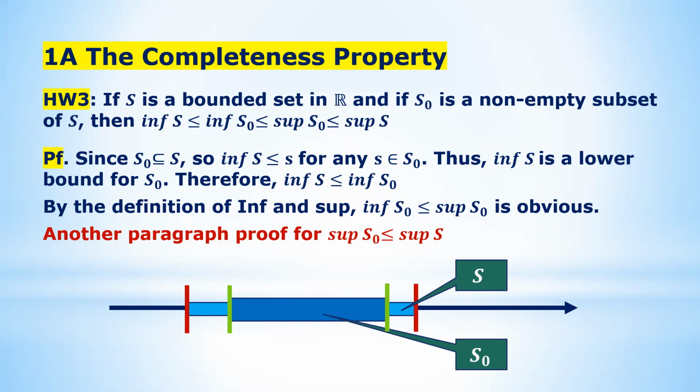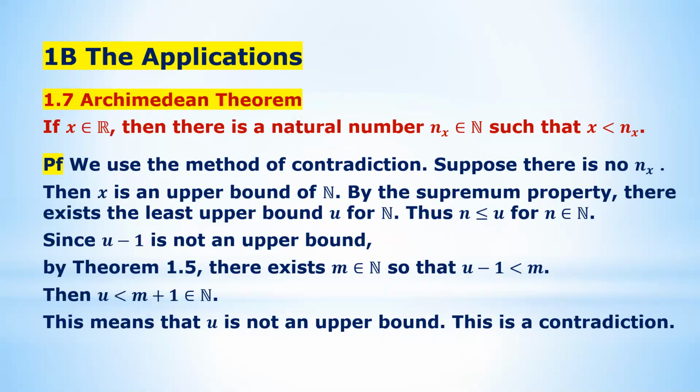And then I will also talk about the Archimedean theorem. We proved this last time, right? Now you understand this proof, but I want to indicate that in this proof there is a key argument. The key argument is the following. Once you get the least upper bound U, you reduce it by 1, U minus 1.